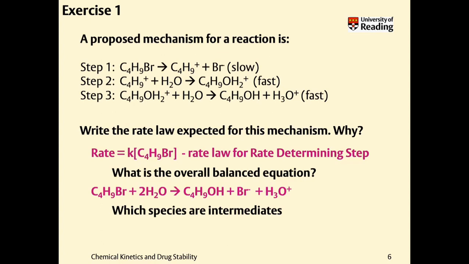So that means it's created in one step and then used in a later step. An example of that is C4H9 plus. And the other example, that's a product of step 2 and then is used in step 3, is C4H9OH2 plus.